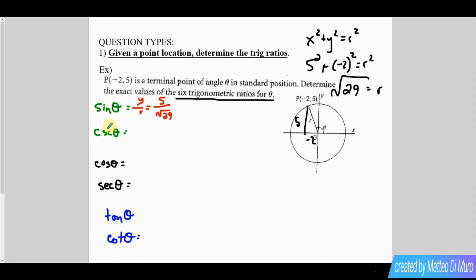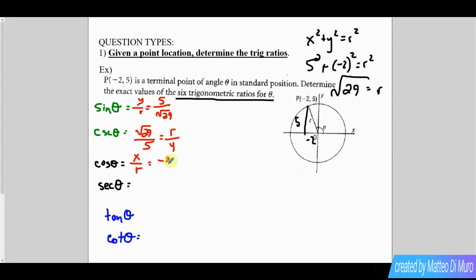Remember, cosecant is just 1 over sine, so to find cosecant, just do the reciprocal of sine. We get the square root of 29 over 5. And just a reminder that if you're using the formula, that is r over y. Either one works. Let's see the next one. Cosine is x over r.